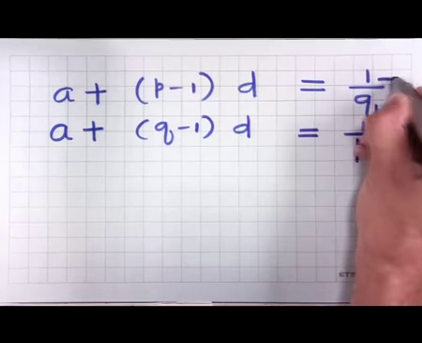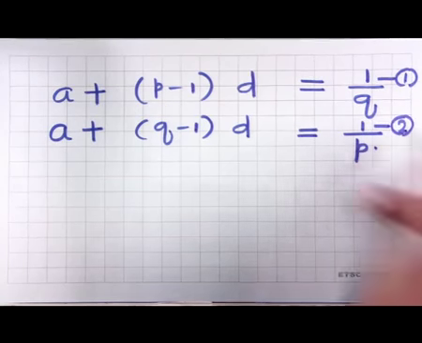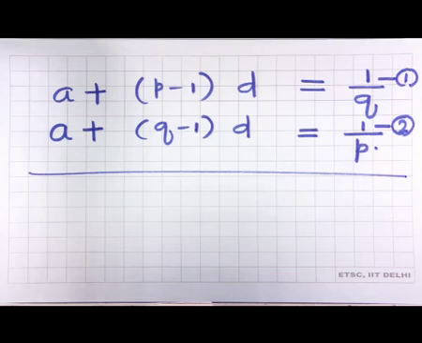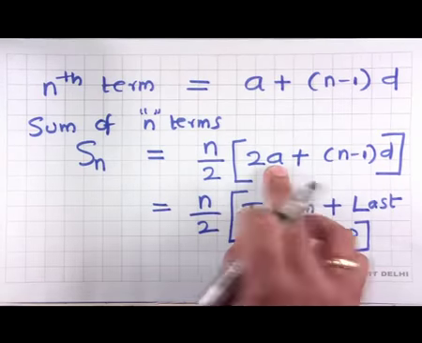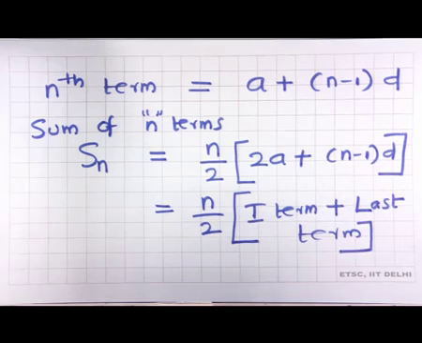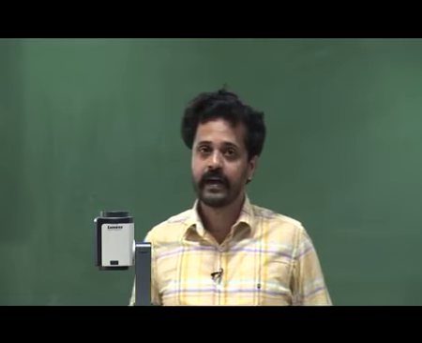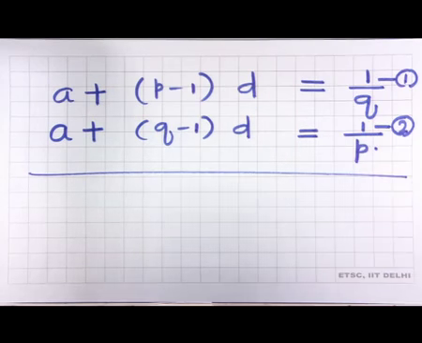Let us designate these two equations as 1 and 2. Recall that for the required sum, what we need is the first term a and the common difference d. Let us try to find this first term and common difference from these two equations.